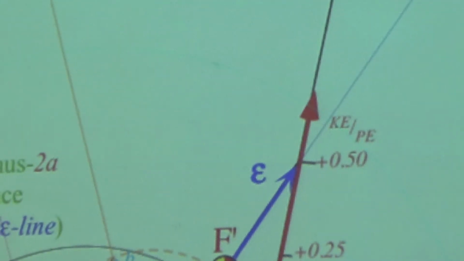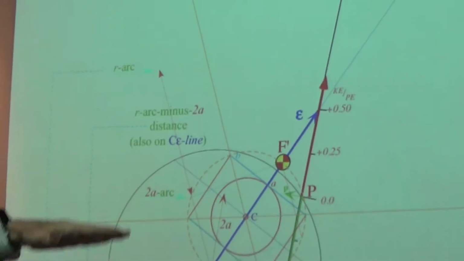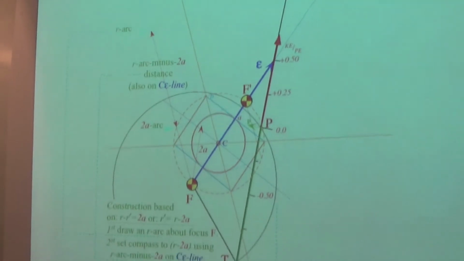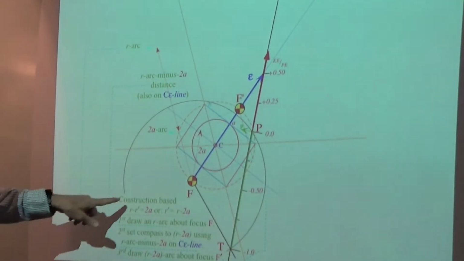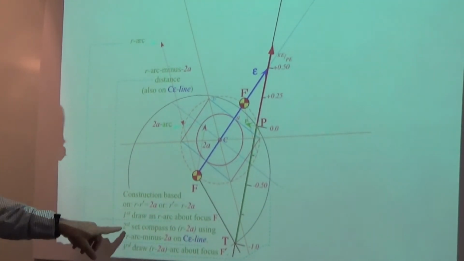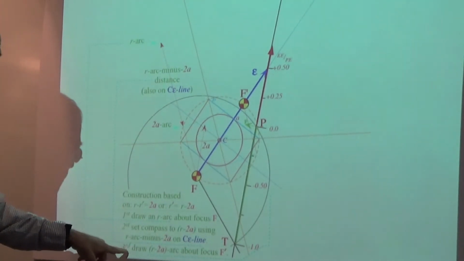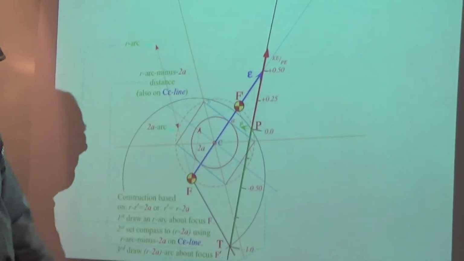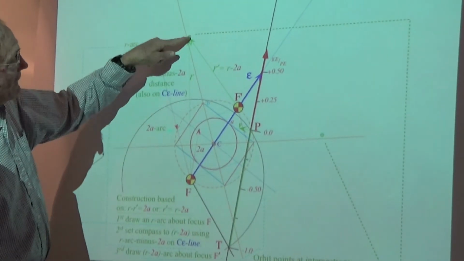And our arc minus 2A distance, we mark that off, okay, and then use that to draw the intersection that gives the thing. This is construction based on the difference. Draw an R arc, set your compass to R minus 2A, and then draw that arc about the focus F prime. Okay. Once you do that, there'll be an intersection right there.